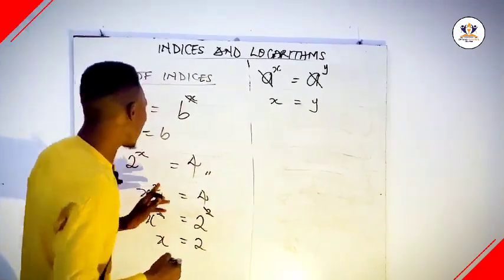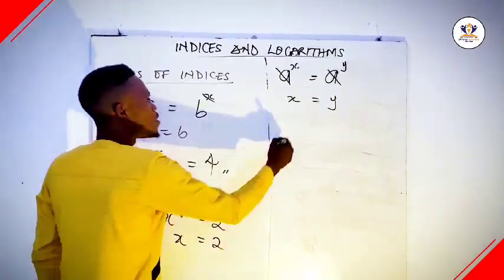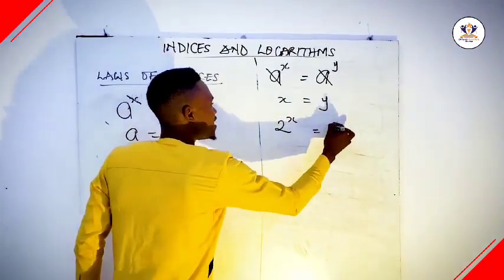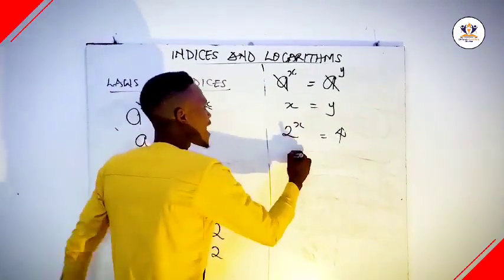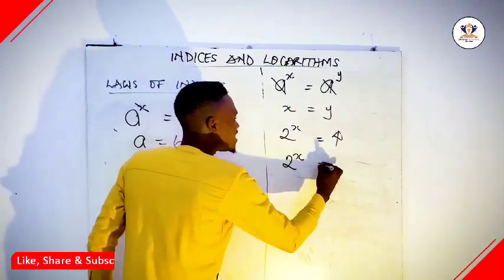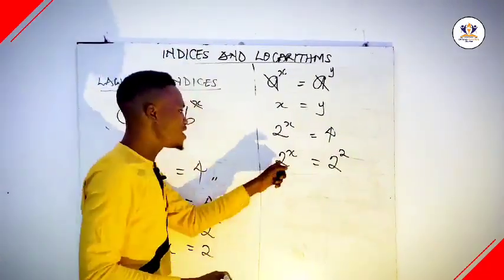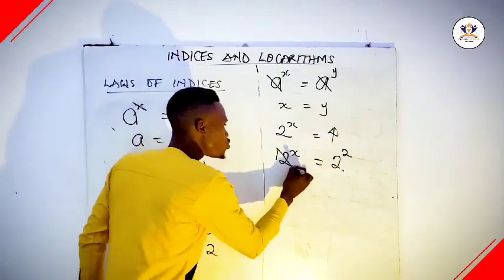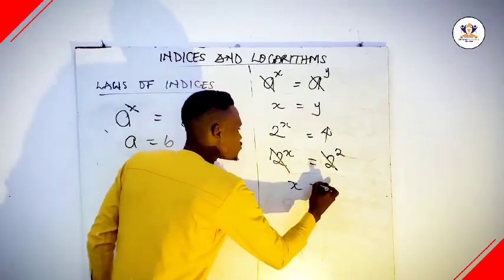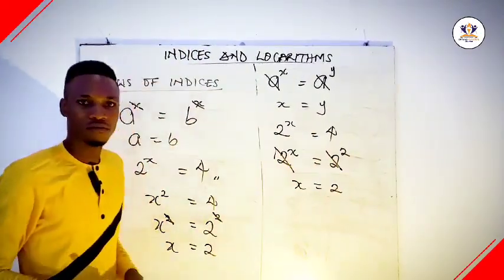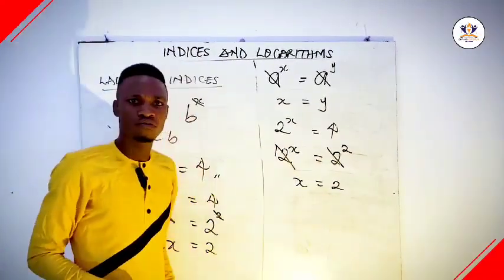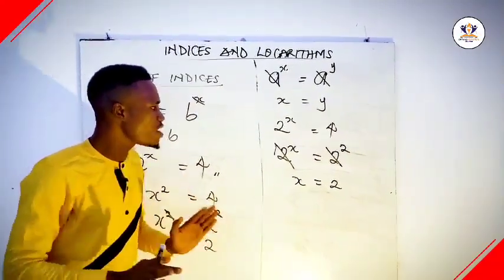So now, like the previous question I asked, when we have 2 raised to power x is equal to 4, I can say 2 raised to power x is equal to 2 raised to power what? 2. Now, this 2 is the same as this 2. 2 cancels 2. Then x will be equal to 2. So simple, so easy like that.